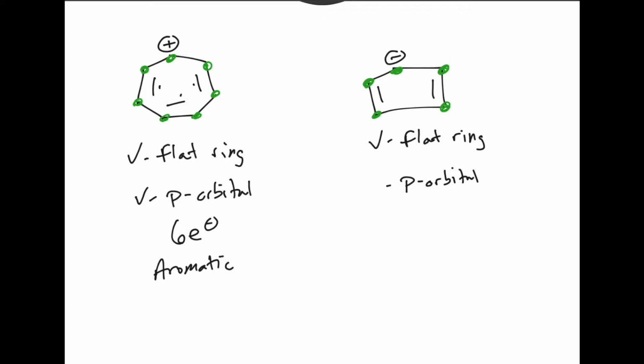There has to be an orbital for those electrons to be hanging out in. So everything has a p orbital. And then how many electrons do we have? We get 2 from here, 2 from here, and then 2 from the carbanion. So there are 6 total. Reasonable?